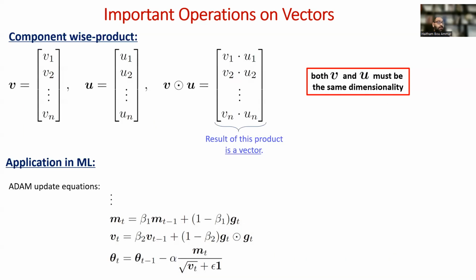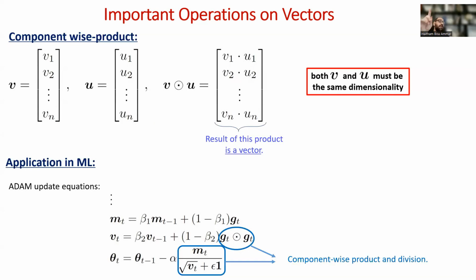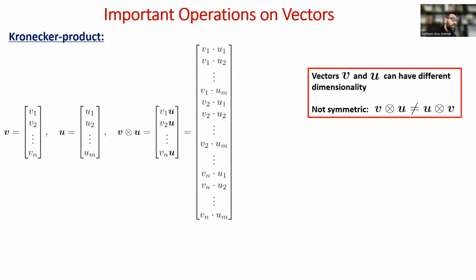Everything we have described so far actually needed the vectors u and v to have the same dimensionality. But now there's another product defined, and that product is called a Kronecker product. For the Kronecker product, the two vectors can have different dimensionality. So here we can take the vector v, v1 up to vn, and the vector u, u1 up to um.